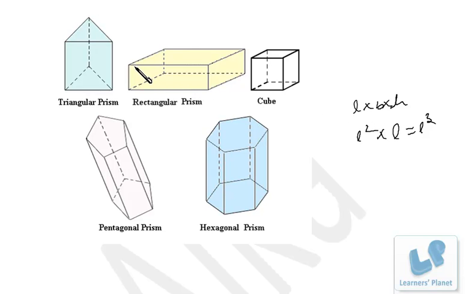Now, if we wish to find the surface area, then we can easily calculate. This is length into breadth. Two surfaces are there for length and breadth, the top and the bottom, right? Similarly, this surface is length into height, this and this. So that's length into height.